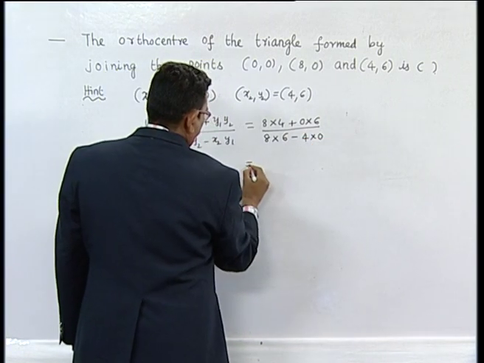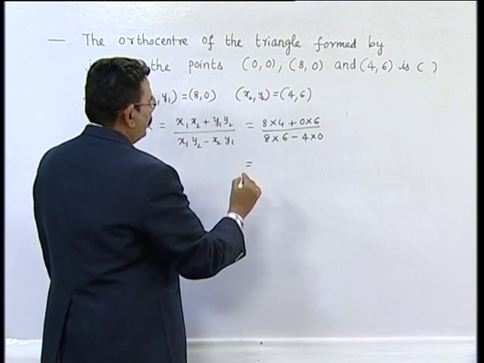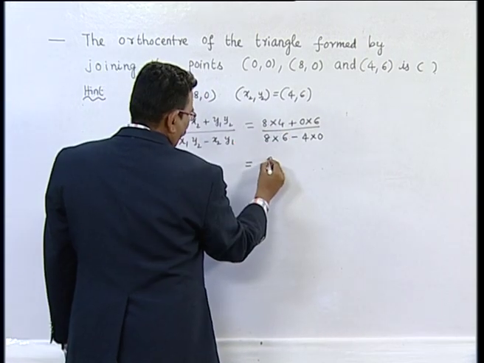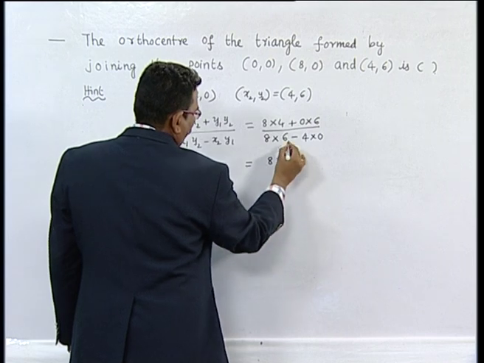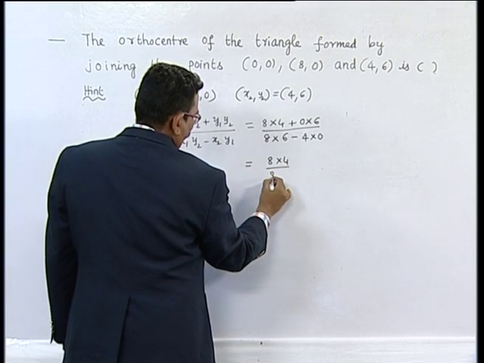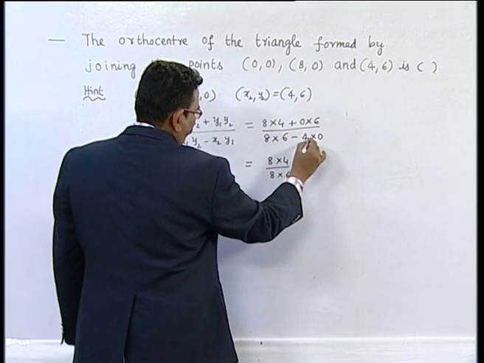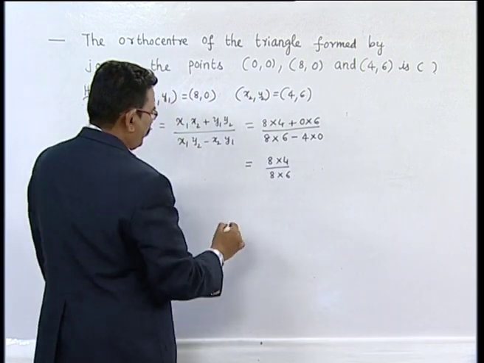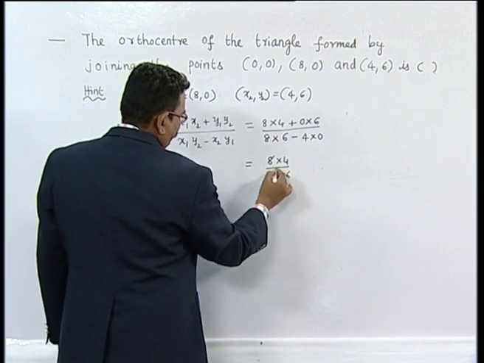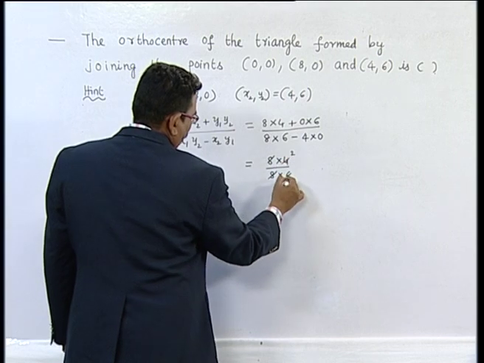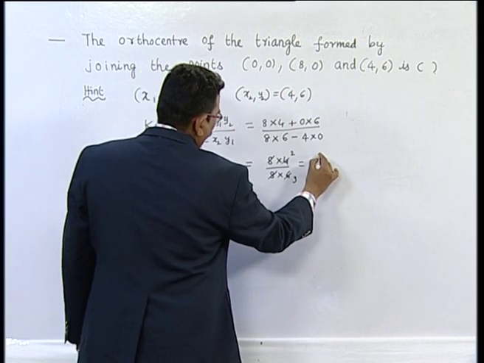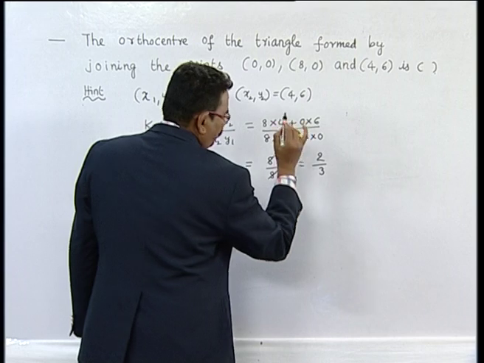Now this equals 32 plus 0 upon 48 minus 0. This gives 32 by 48, which reduces to 2 by 3. So the k value equals 2 by 3.